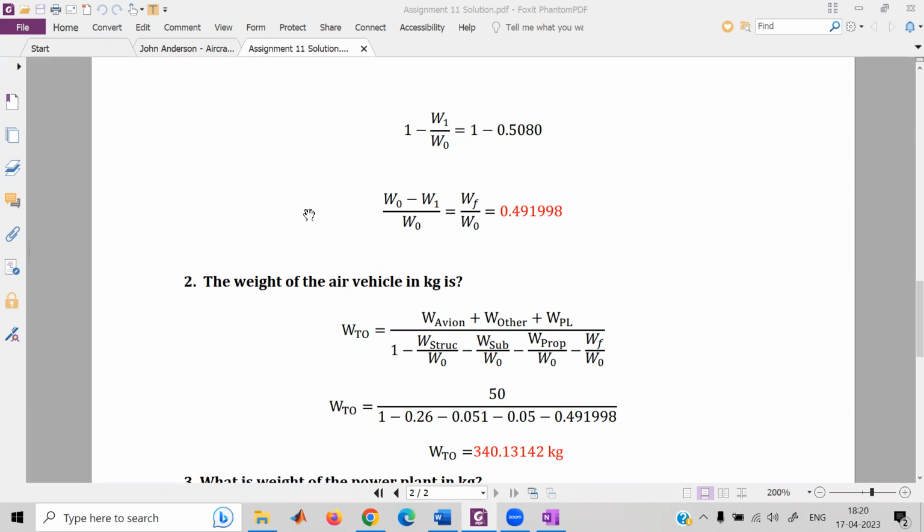So when do we add those? Because of the mass fractions. Okay, so let me explain how this works.